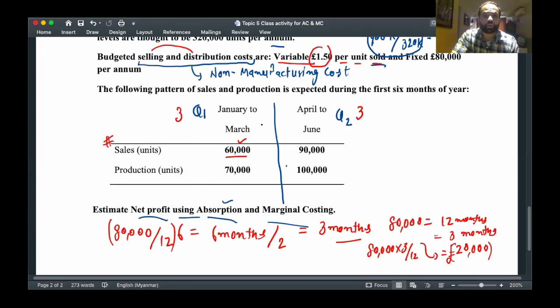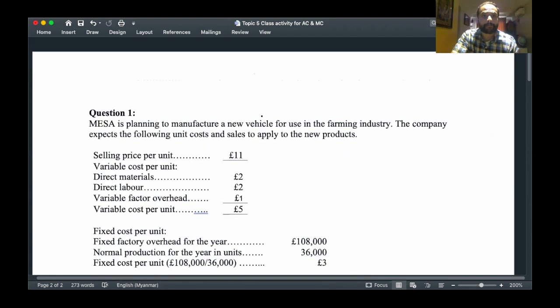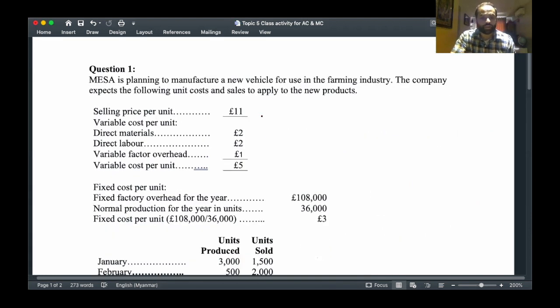We do question 1 first for marginal costing, and then 2 and 3. I hope all of you have already finished question 1. So quickly have a look at the information inside. You already did absorption costing, so you know all the information regarding question 1.